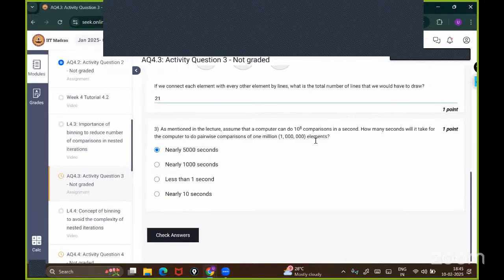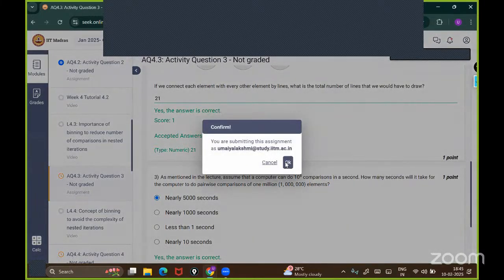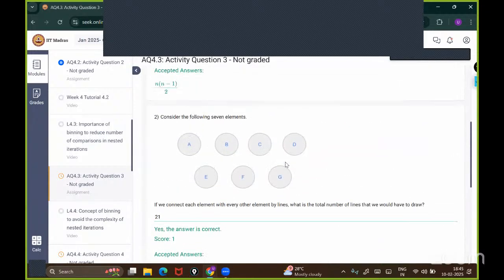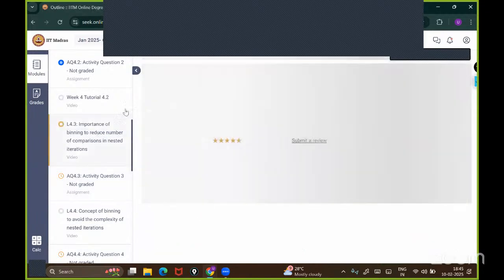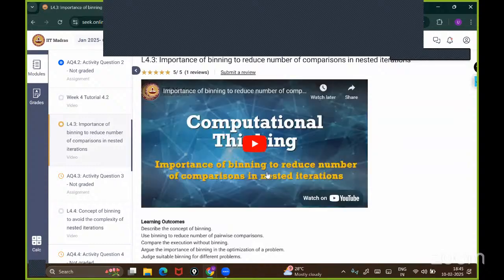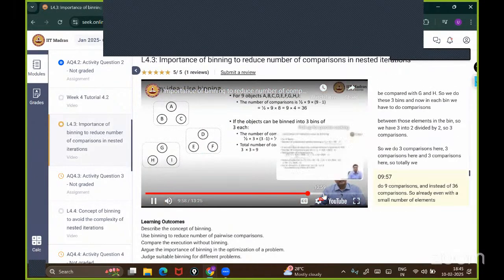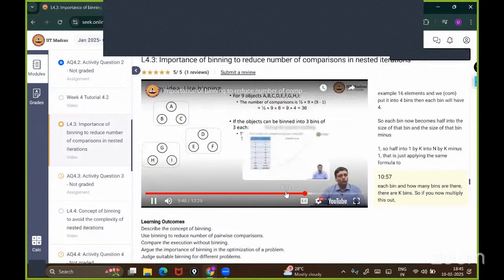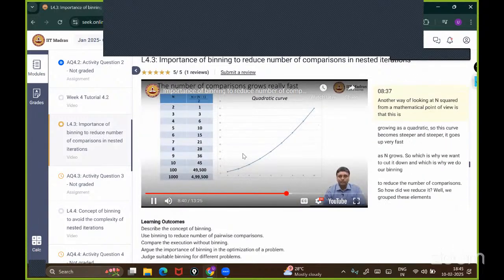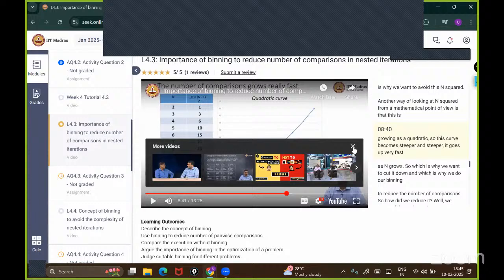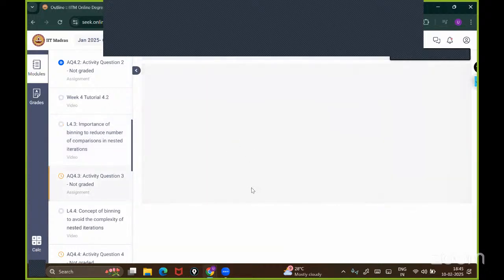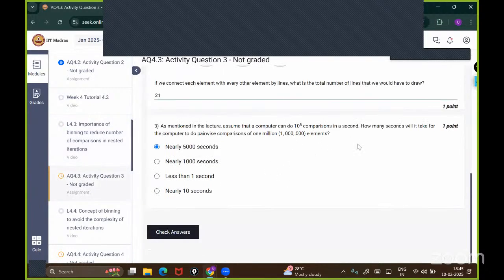So it gradually grows, right? Is this clear, people? You can check with the lecture also. There they would have mentioned what amount they are taking initially, like 5,000 and all. From a mathematical point of view, this is growth. You can check with this lecture, people, for the third question. Is that clear?